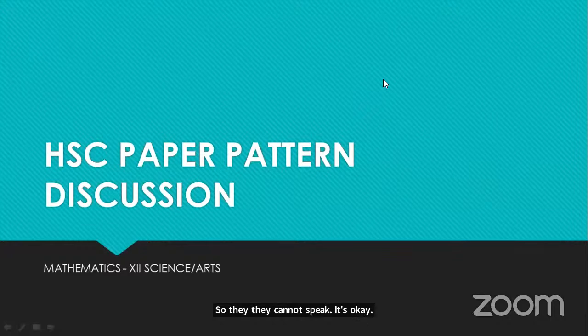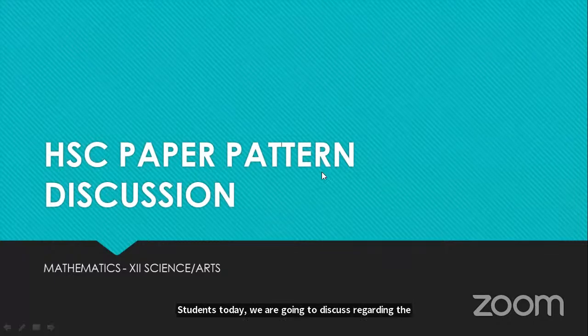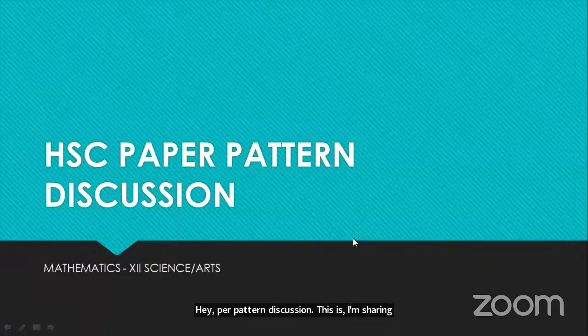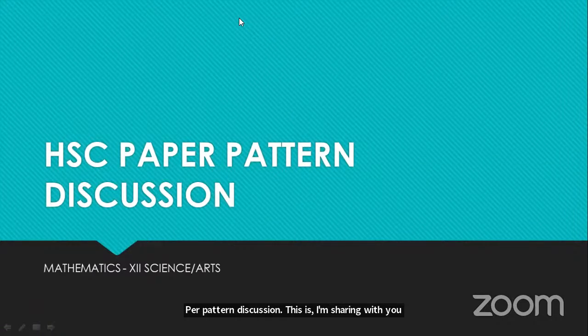Students, today we are going to discuss the paper pattern. So I'm going to show you this slide. Is it visible? Paper pattern discussion. This I'm sharing with you. Yes, okay.